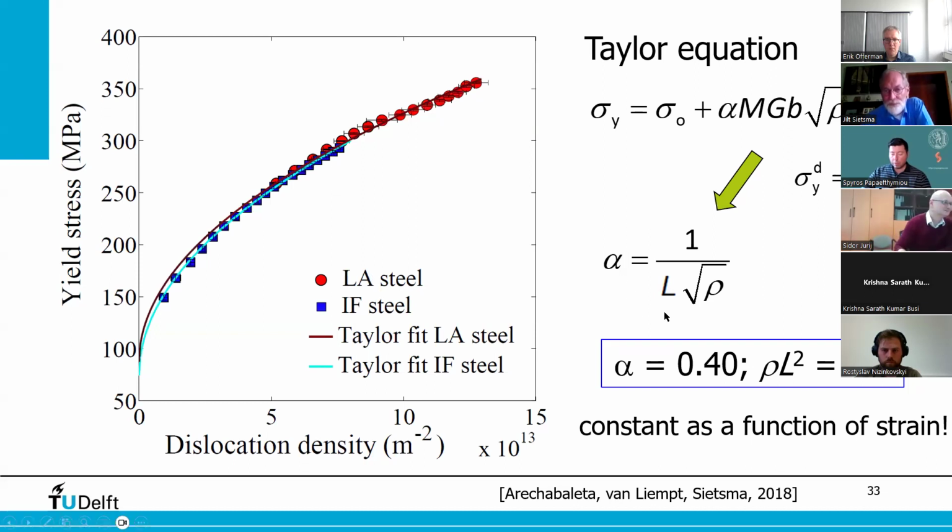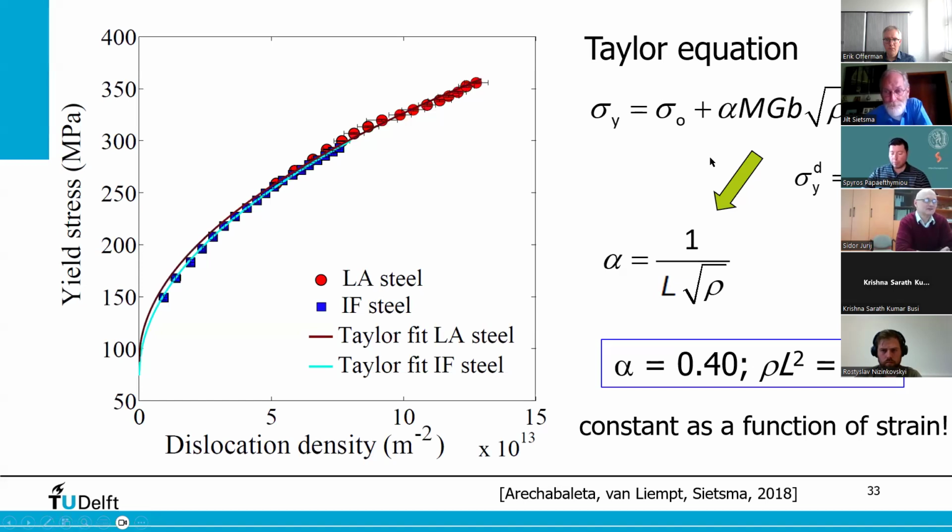I'll show an example of martensitic steel later in which we don't find a constant rho L squared, but many people confirm this Taylor equation, with always the question, of course, how accurately, or how convincingly, can you verify this equation if you don't have a very good method to measure rho? Yeah, normally what people do, they work with a constant alpha.